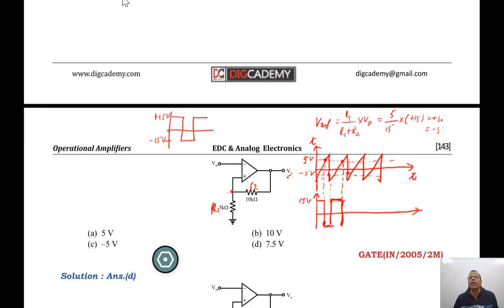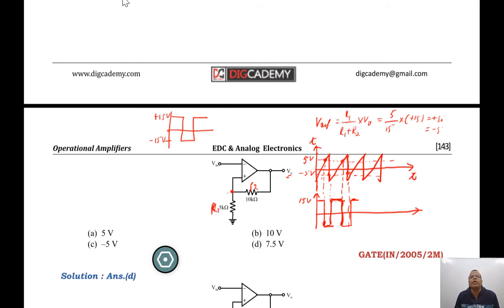So the next reference level is this. So when it falls suddenly below minus 5 volt, you can see my output will again immediately change to plus 15. So that will be the output of this circuit, which is nothing but a Schmitt trigger.